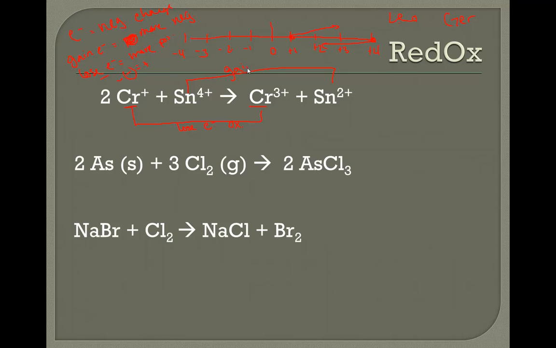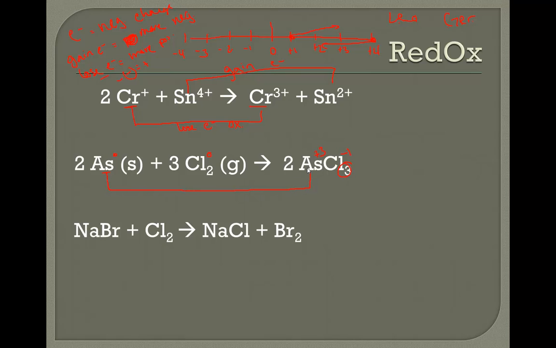If it starts off as an element, it's 0. So that's 0, that's 0. And then when it's bonded, it goes to the oxidation numbers. So chlorine becomes a -1. Arsenic becomes a +3. I know that because of this 3 here. Put the As together and put the Cls together. As goes from a 0 to a +3. So it starts at 0 and it goes to a +3.